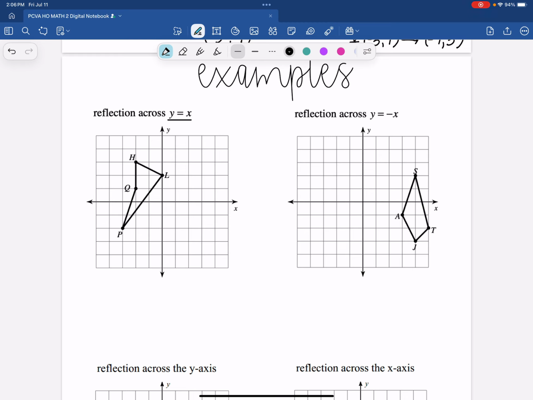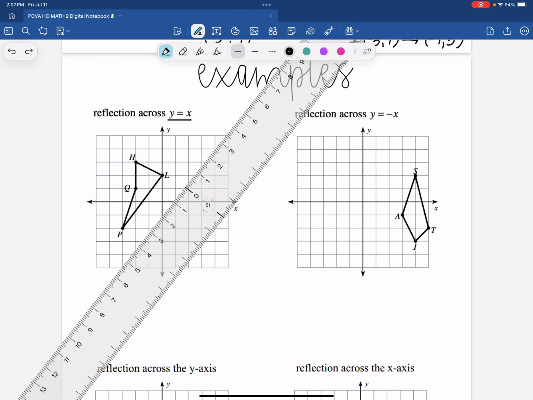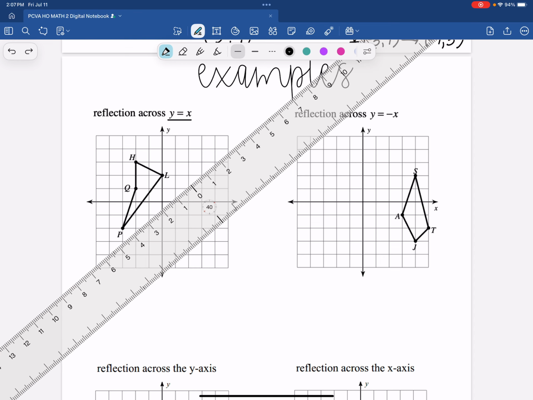The line y equals x is right here. I'm going to try to make it as close as I can, which it's not doing very well. Let me get my ruler so that I can get a good line here for you.